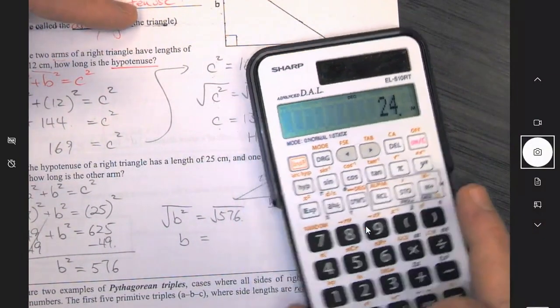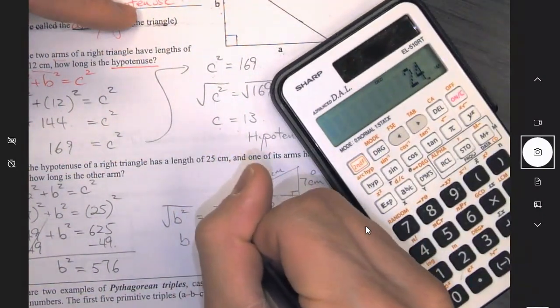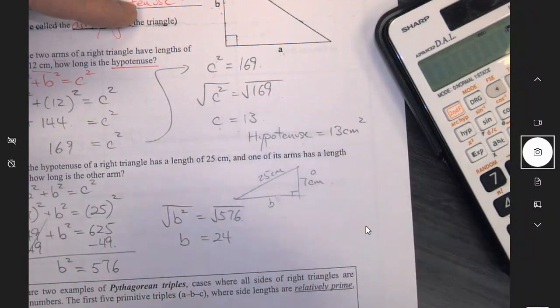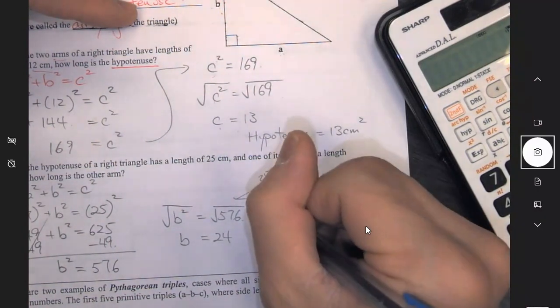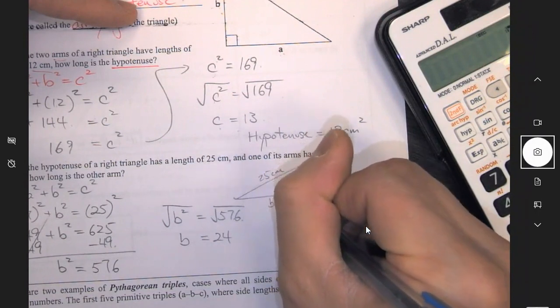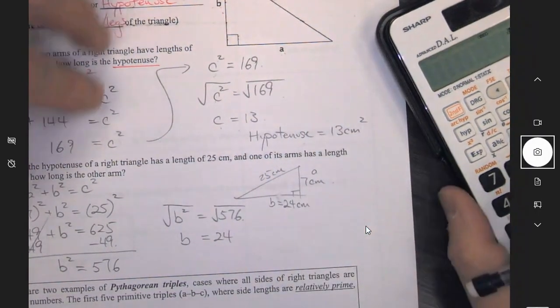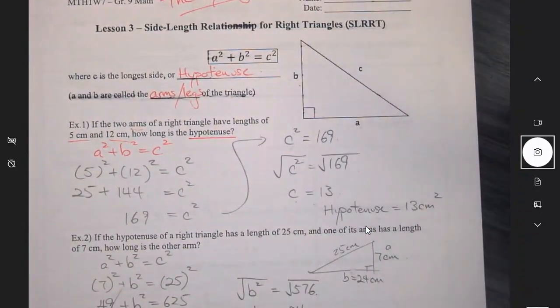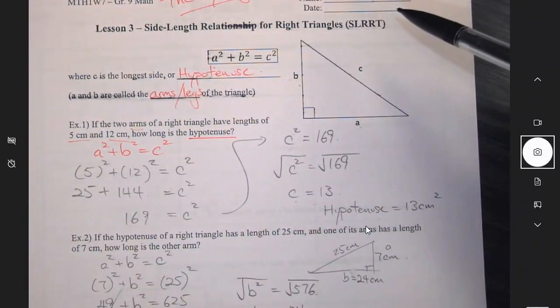It happens to be 24. So what it means is that this side that we didn't know the length of is actually 24 centimeters. So that's pretty much it in terms of the Pythagorean theorem.